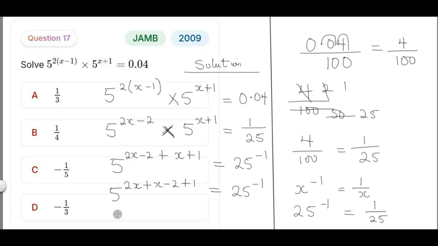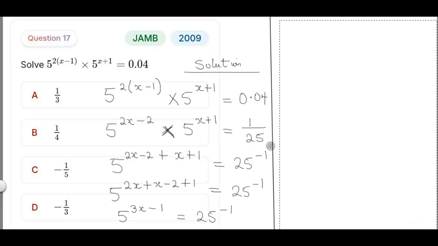So this will be 5 raised to the power of 2x plus x, which gives 3x, minus 2 plus 1, which gives minus 1, equal to 25 raised to the power of minus 1.